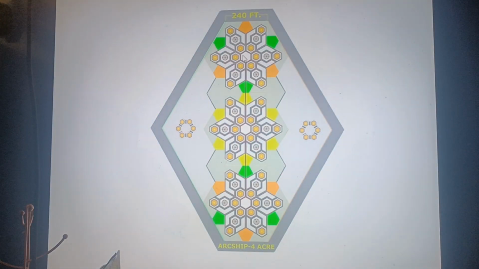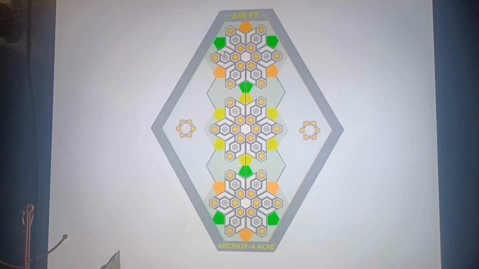So if you got 9.33 acres in each one of these ARCSHIPs, you could actually expand this out. I'd probably go to about a 12-acre expansion because you want enough room to be able to drive in between, right? It'd be nice to have about 40 feet in between.